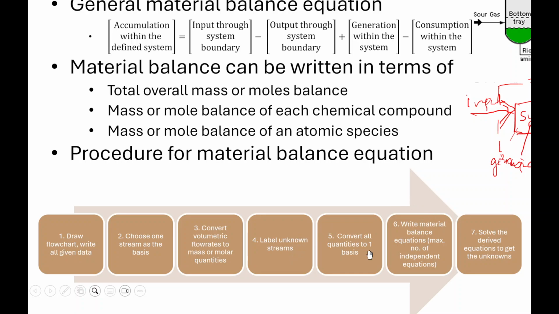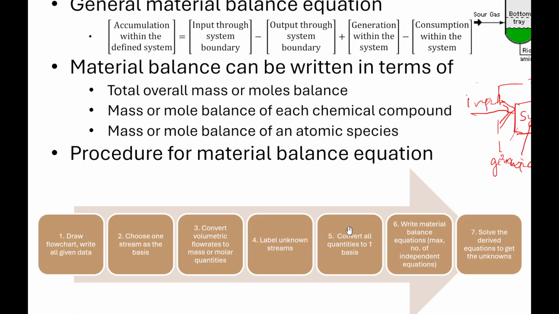Then convert all quantities to one basis. That means if some of the values are given on a mass basis, and some are given on a mole basis, then convert them to just one basis. So all should be on the mass basis. If there are mass flow rates, then the fractions involved in the mixture would be mass fractions, not mole fractions. Please keep that in mind.